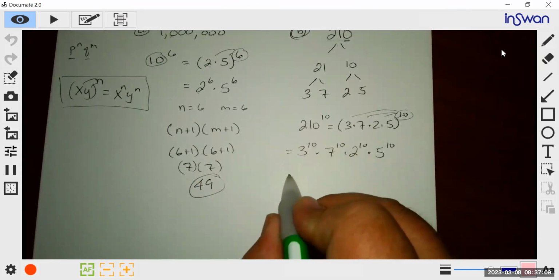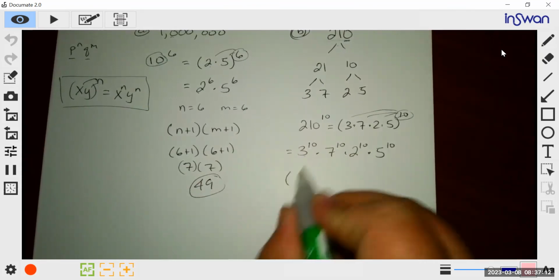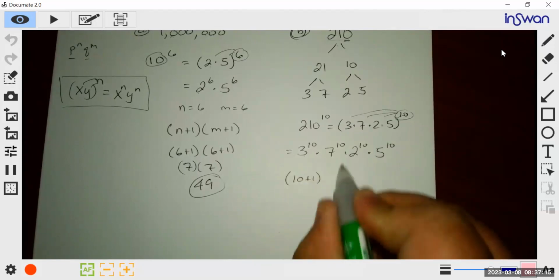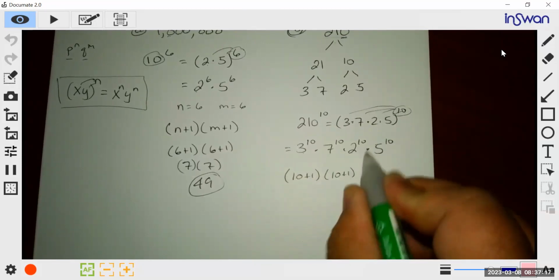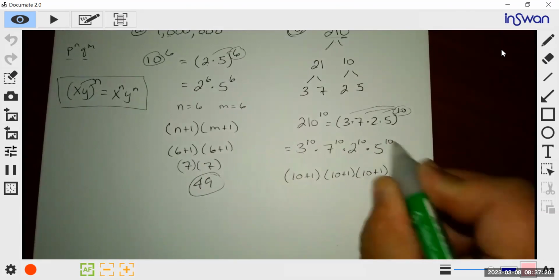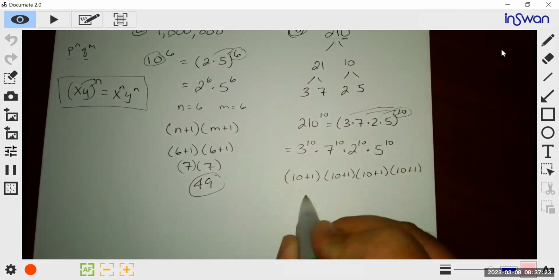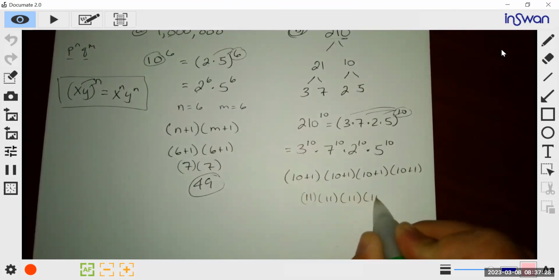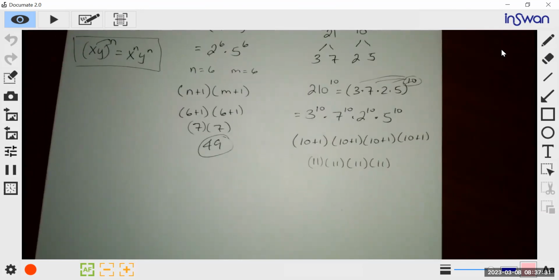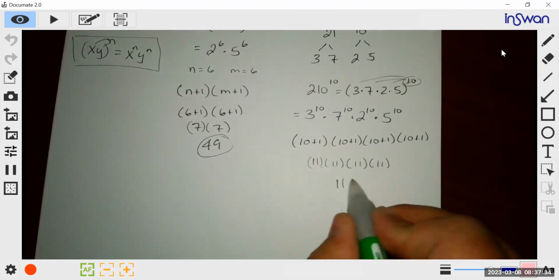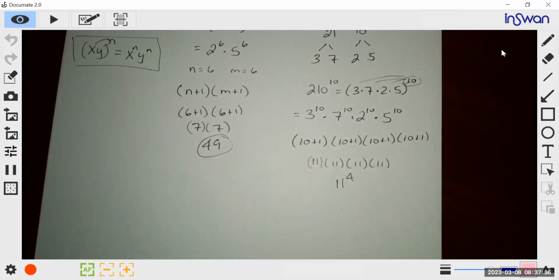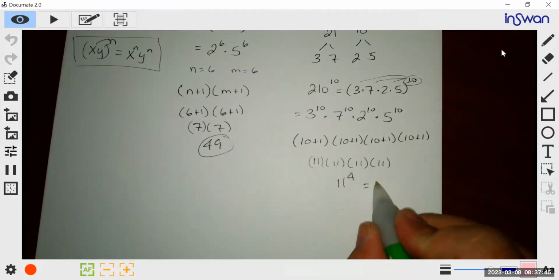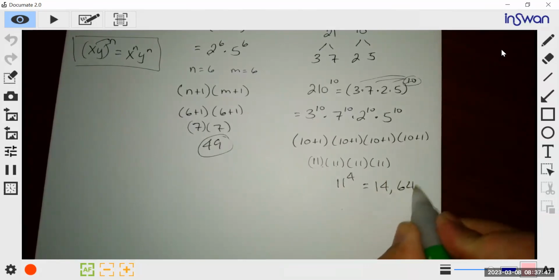So to find the number of divisors, take our exponents, add 1. 10 plus 1, 10 plus 1, 10 plus 1, 10 plus 1, which is 11 times 11 times 11 times 11, which is 11 to the 4th, which is 14,641.